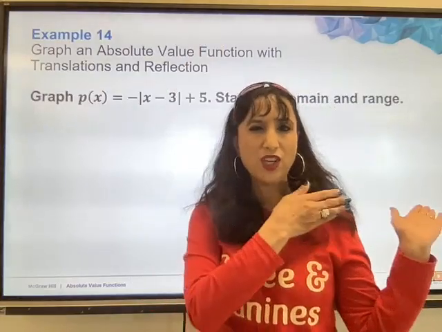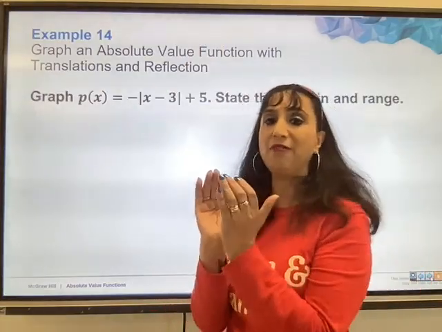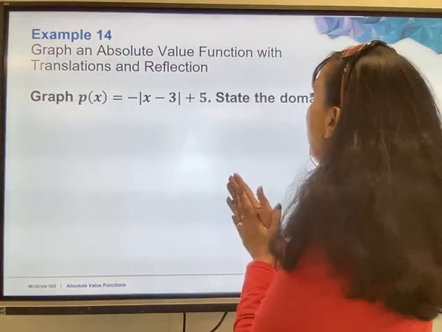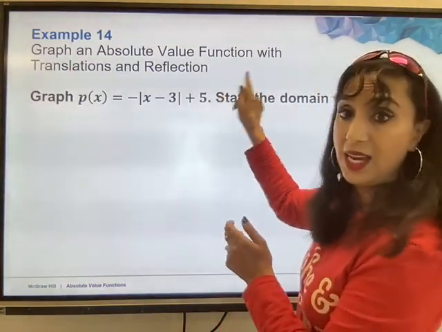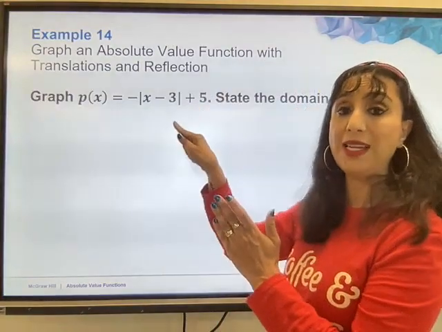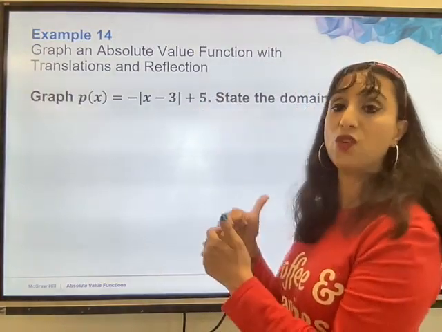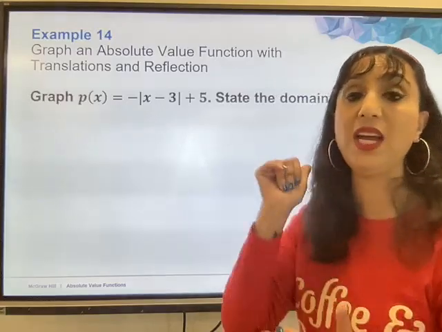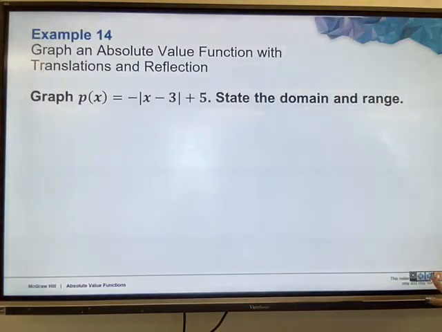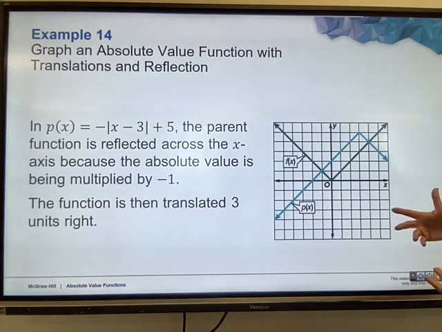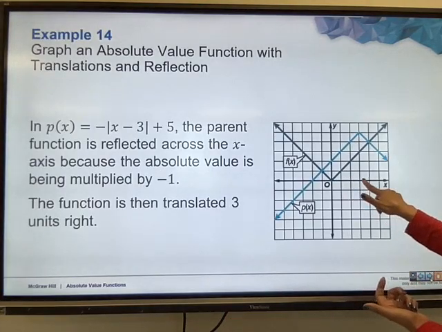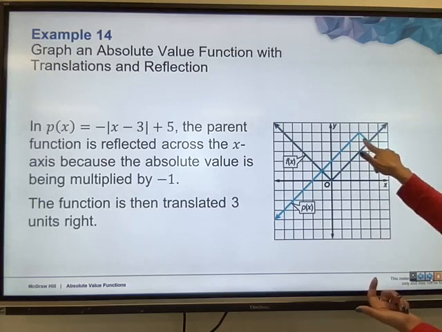And so based on what I just showed you, once again, my vertex is going to be h and k, and so if it's minus 3, it is moving to the right. So now my vertex is going to be 3 and 5. So really quick, here it is. Look, 1, 2, 3, and then 1, 2, 3, 4, 5.